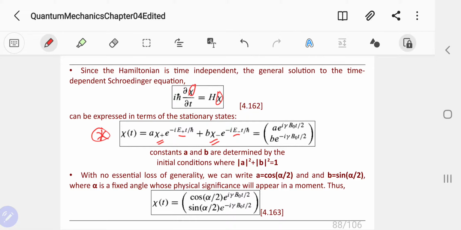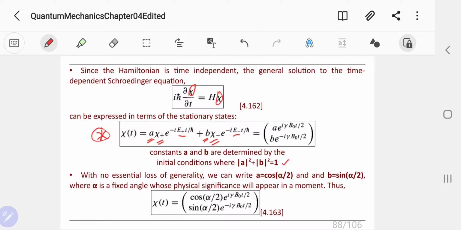Of course, the a and b coefficients here are the probabilities that the spin 1/2 particle would have spin up or spin down. So when you square a and b, they should add up to 1.